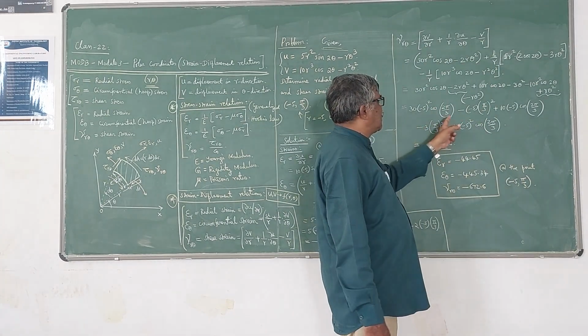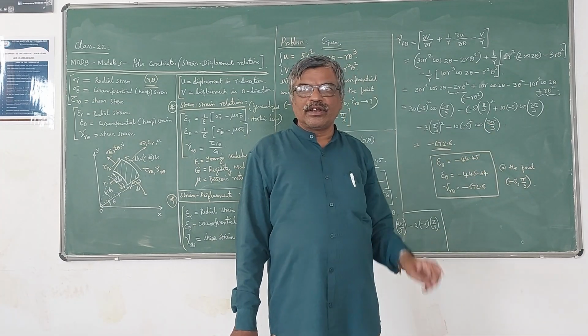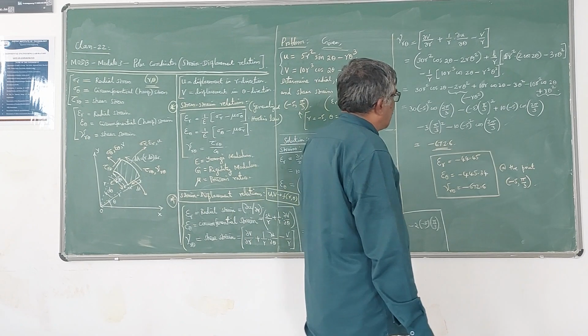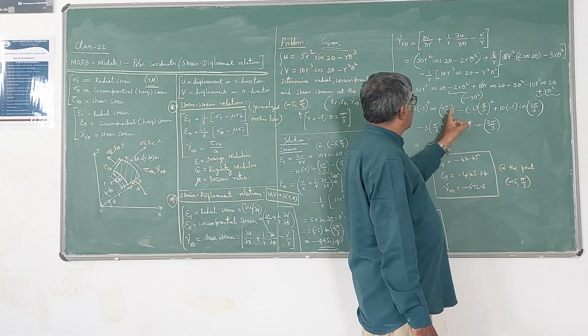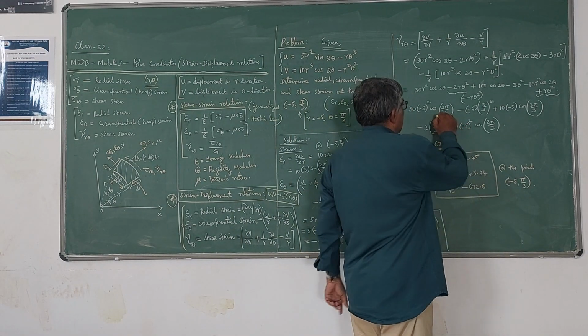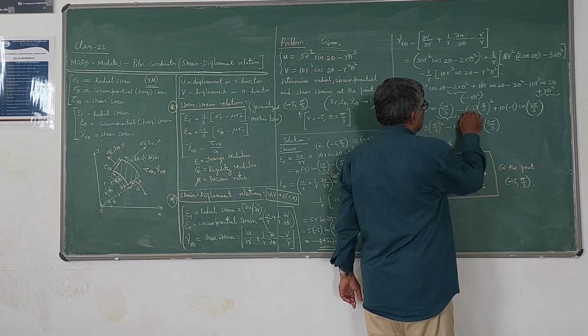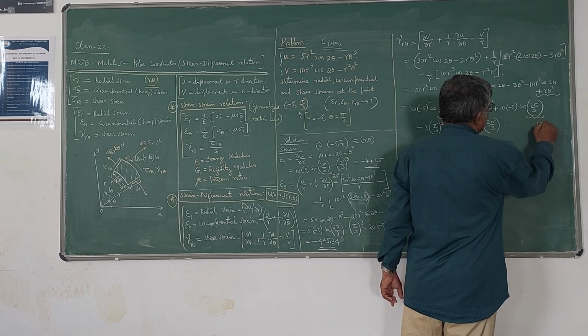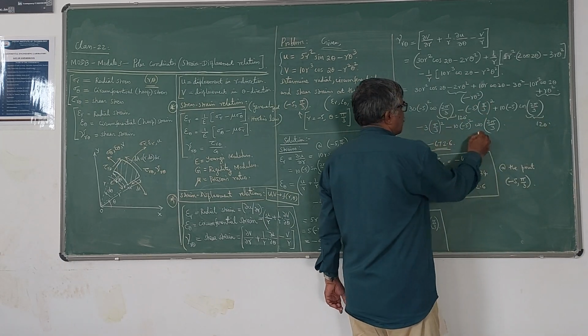Finally, you substitute r equal to minus 5 and theta equal to pi by 3, and once again here the cos 2 pi by 3 term we have to take as 120 degrees. So here it is degrees, but here it is in radian. So this is also 120 and this is also 120.